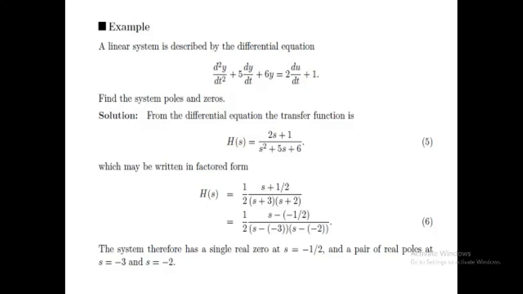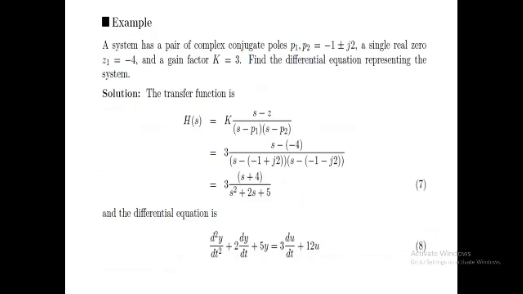So H(s) equals 1 by 2, and in the numerator we can write 2s plus 1 as s plus 1 by 2, and in the denominator we can write (s plus 3) into another bracket (s plus 2). So the system has a single real pole at s equals minus 1 by 2, and a pair of real poles at s equals minus 3 and s equals minus 2.